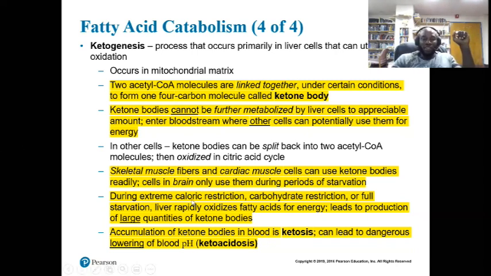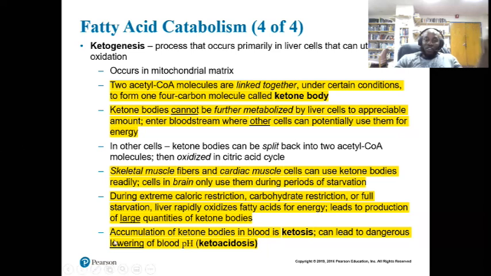During extreme caloric restriction, it sounds like a diet, extreme caloric restriction, carbohydrate restriction, a no carb diet, or full starvation, the liver rapidly oxidizes, removes electrons from fatty acids for energy, which leads to production of large quantities of ketone bodies.